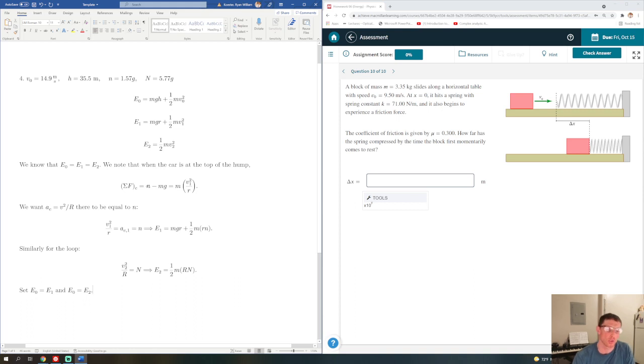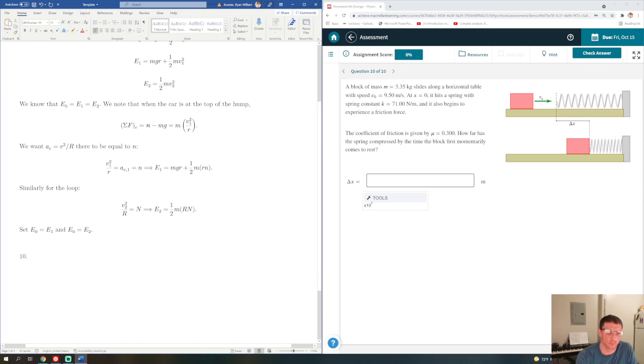We want to use conservation of energy. I guess last week it was the work energy theorem, which are really the same thing, but the approach is a little bit different depending on which one you want to use. So let me just go through and write out the symbols.